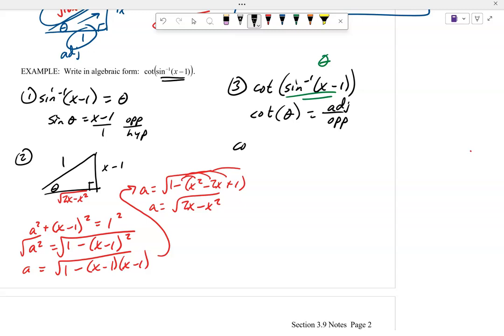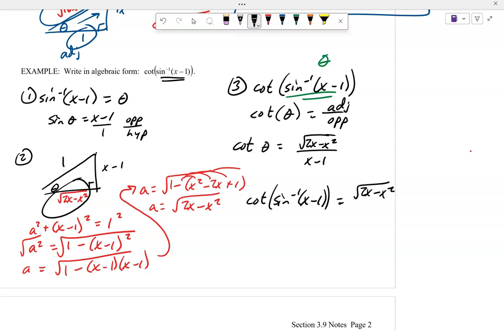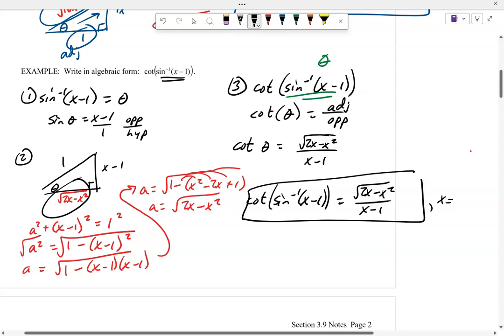So the cotangent of theta would be the adjacent side, the square root of 2x minus x squared, over the opposite side, x minus 1. Therefore, the cotangent of the arcsine of x minus 1, which is what we were asked to find, is the square root of 2x minus x squared over x minus 1. And we should know that x cannot be 1, since we can't divide by 0.